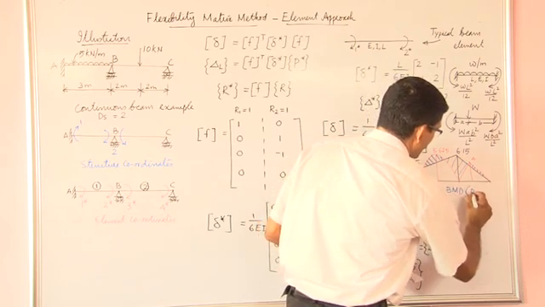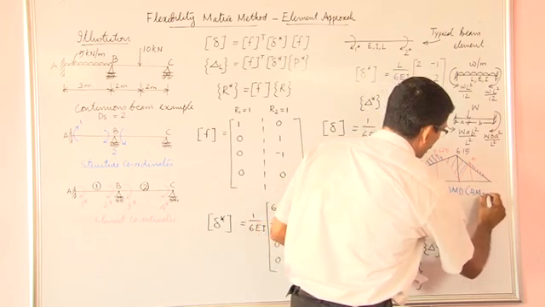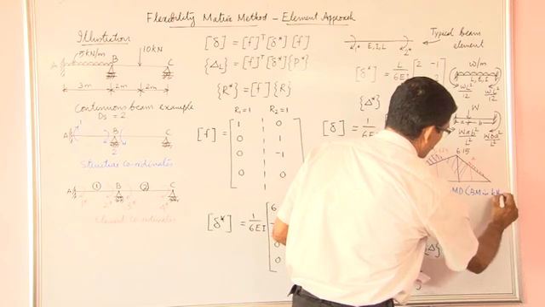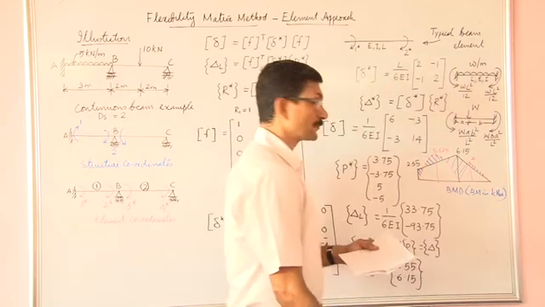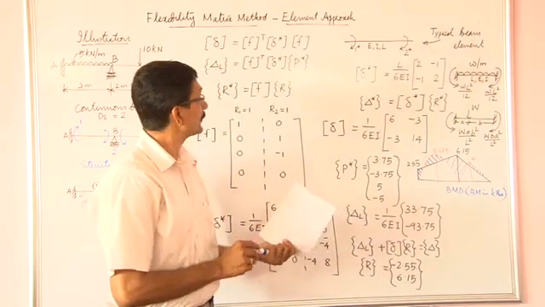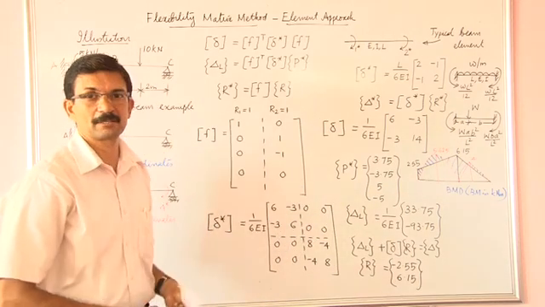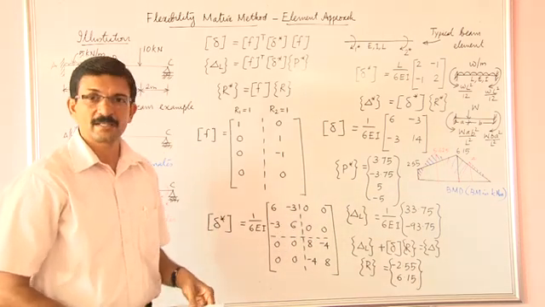We have bending moment given in kilonewton meter. That is a simple illustration of the element approach to the flexibility matrix method, and that is the end of this session.